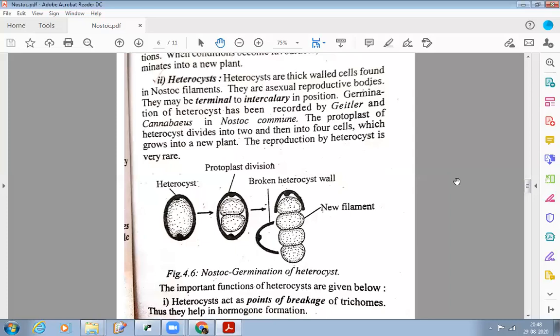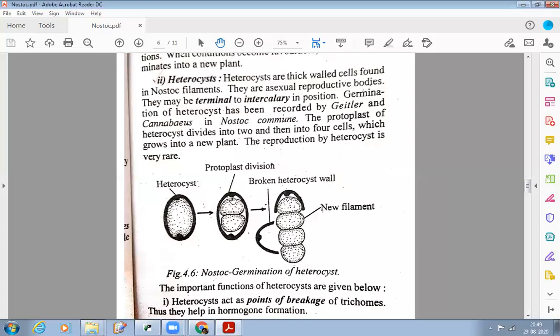The protoplast of the heterocyst divides into two and then into four cells. Okay, so this is a heterocyst. Here the heterocyst has two pores, which in the mature stage are closed by the nodular plugs. Now this is an independent body.